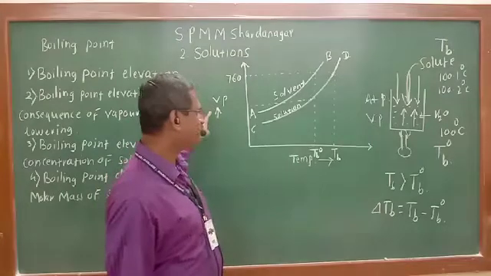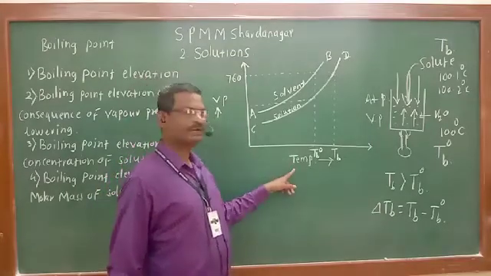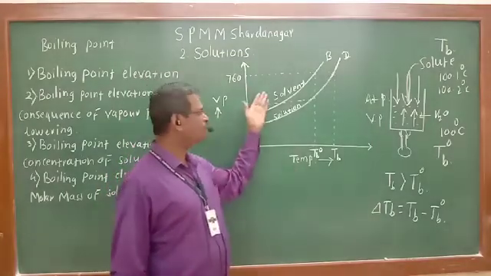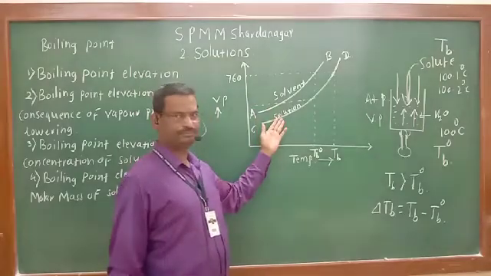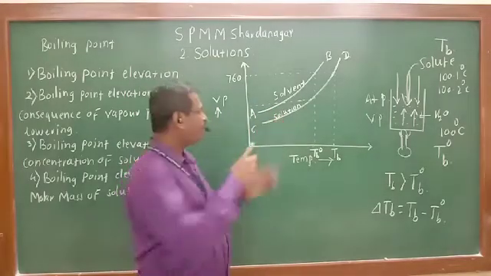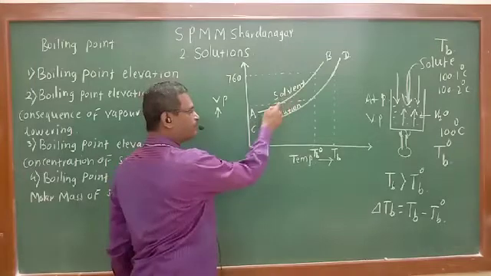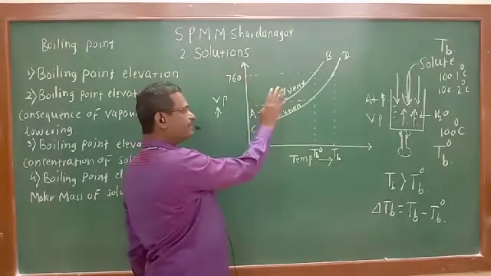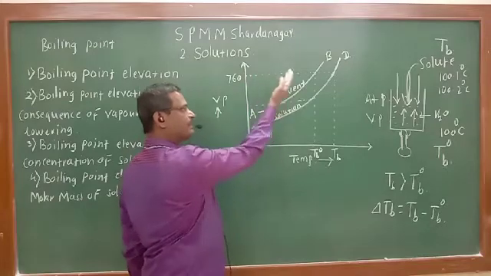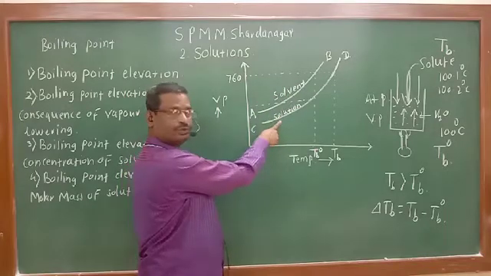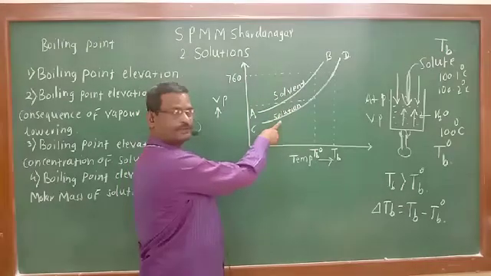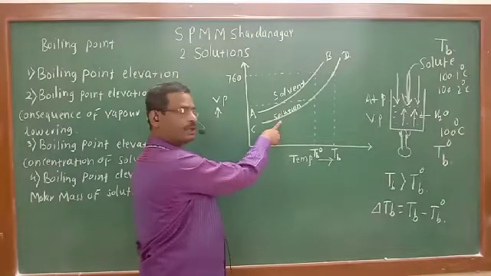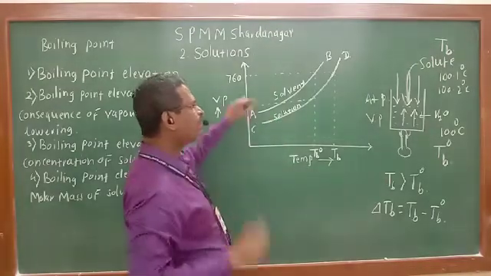Whenever vapor pressure is plotted as a function of temperature for a solvent and solution, we know that the vapor pressure of the solvent is always greater. At any given temperature, the vapor pressure of solvent is greater than the vapor pressure of solution. That is the first colligative property we have studied. Now, what is boiling point?